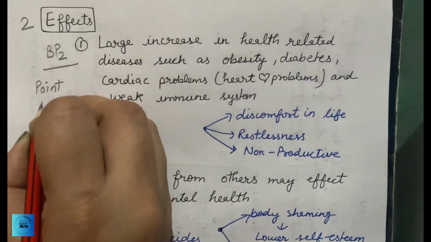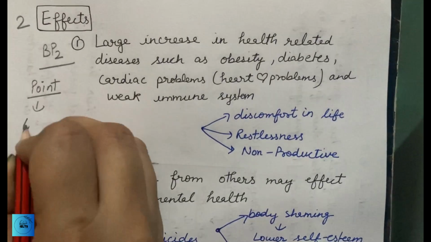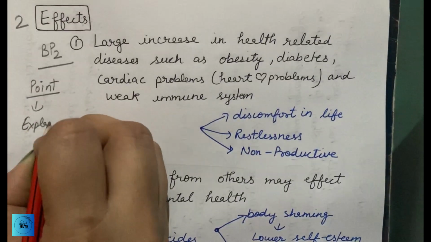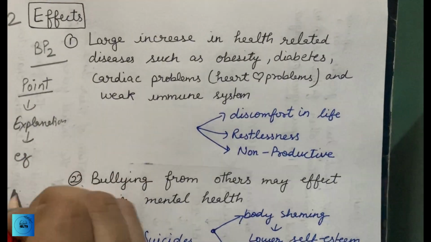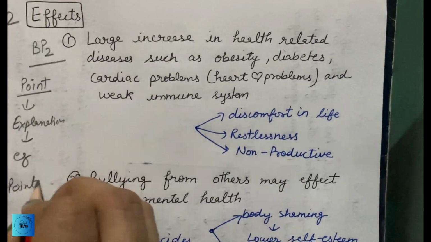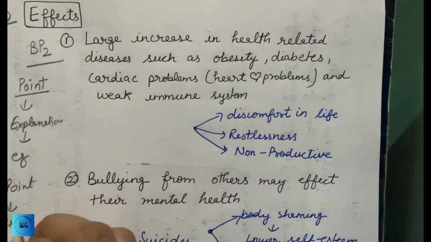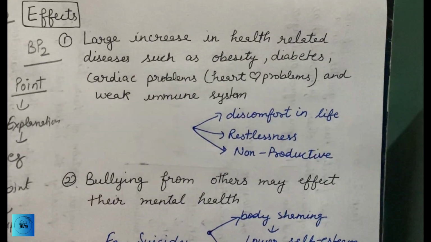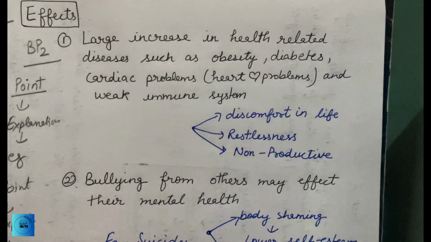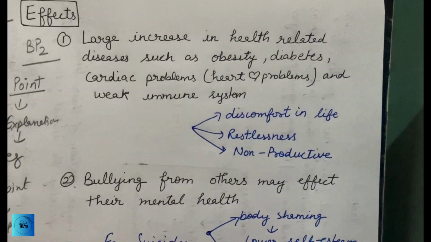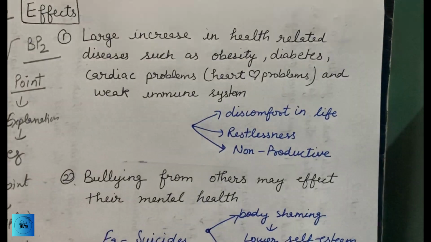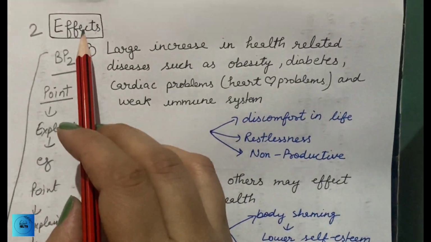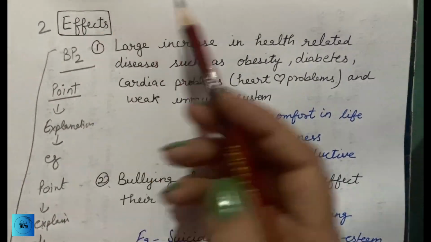We will write down the point, then the explanation, and then the example, and then again the second point, and then explain it, and then I will conclude, means close, body paragraph 2.